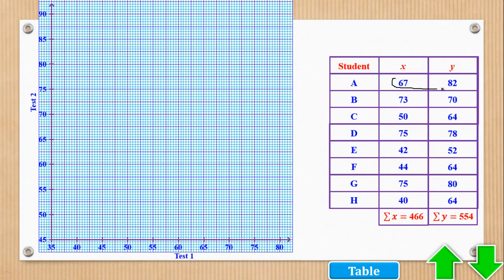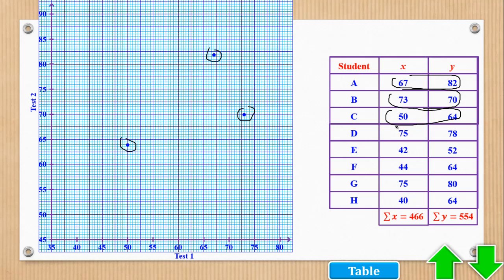The first one for student A is 67 corresponding to 82, which is this. Then student B, 73 corresponding to 70, which is this. Student C, 50 corresponding to 64.